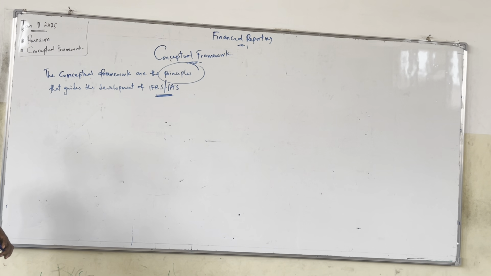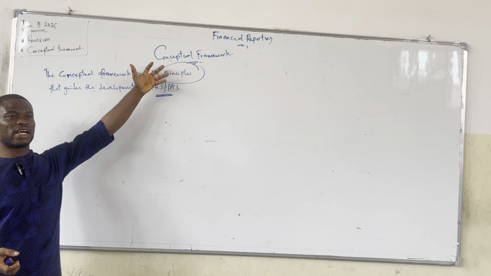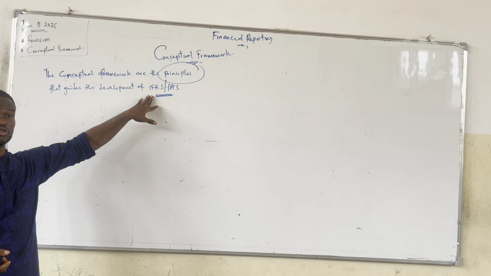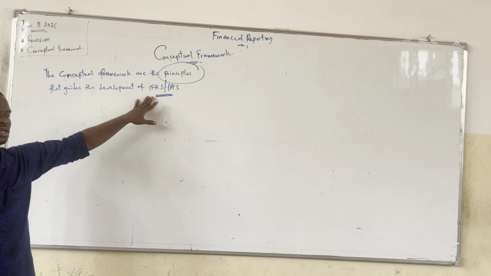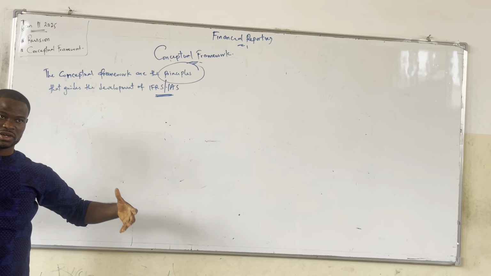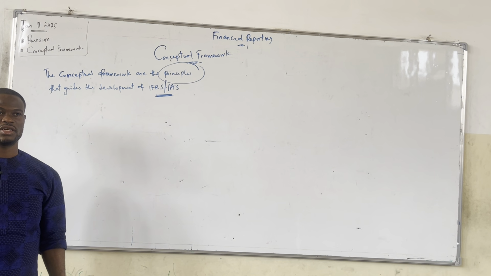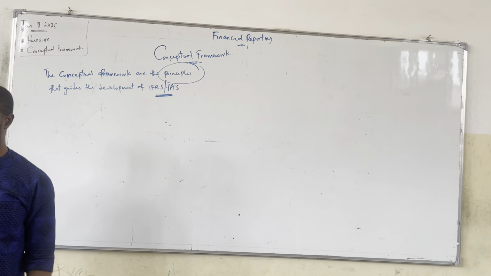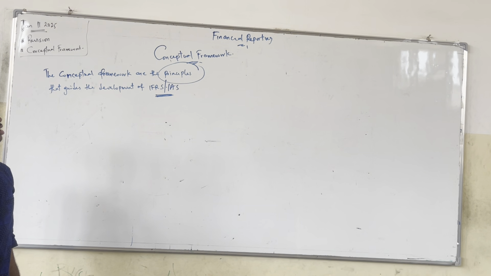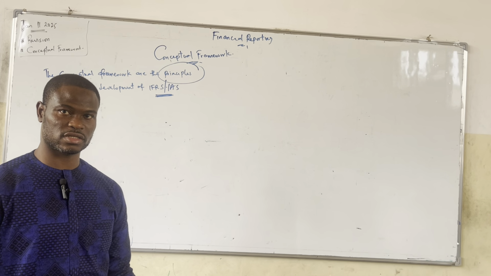So some people will say that if conceptual framework is the principle used to develop IFRS, then conceptual framework is like the foundation of reporting itself, what we rely on. Some people can even see it like a blueprint.